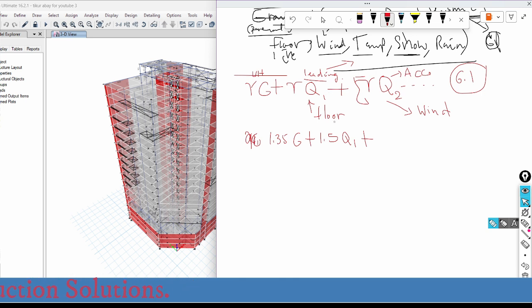As it is the leading one, we will not multiply it with psi 0. We will not multiply the variable with a reduction factor psi 0 because it is the leading one.